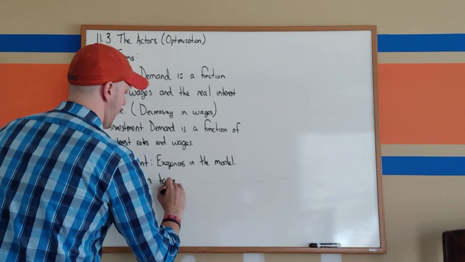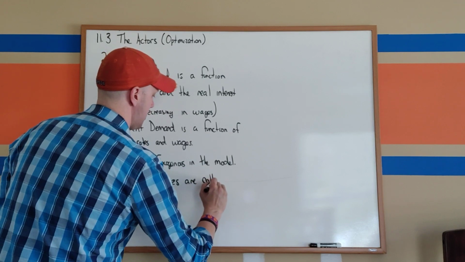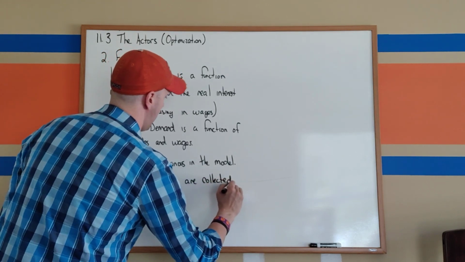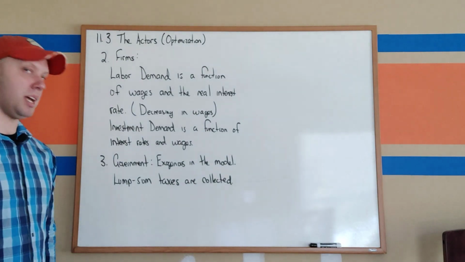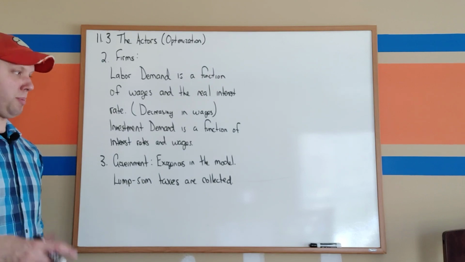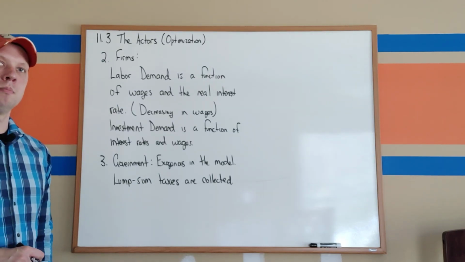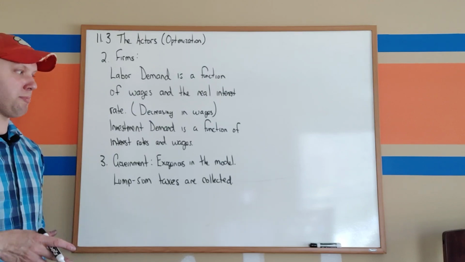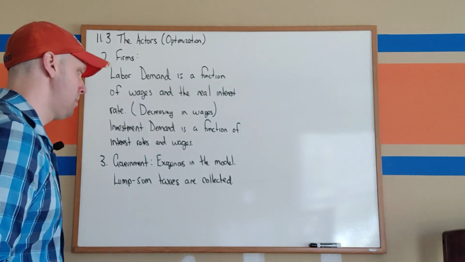So under a lump sum tax, everybody pays the same amount. Not the same rate, the same amount. So a flat tax would be everybody pays 10%. You're rich, you're poor, it doesn't matter, you pay 10%. That's a flat tax. Now, lump sum tax is everybody pays $100. Whether you're earning $5 or $5 million, everybody pays $100.